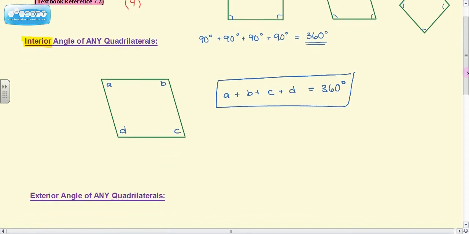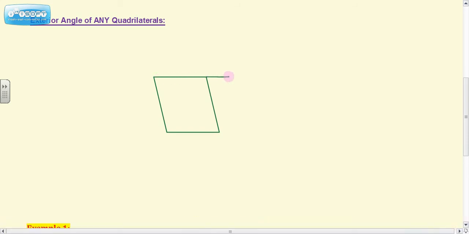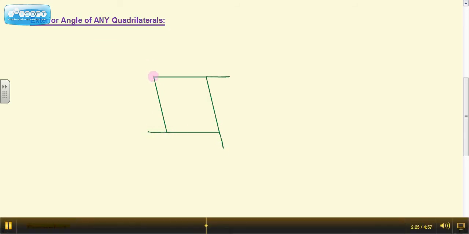Now let's look at the exterior angles of any quadrilateral. So let's grab our quadrilateral again. The exterior angle, if you recall, is if I take an existing line from the shape and extend it further. I follow the same direction, going clockwise, and extend all the sides.